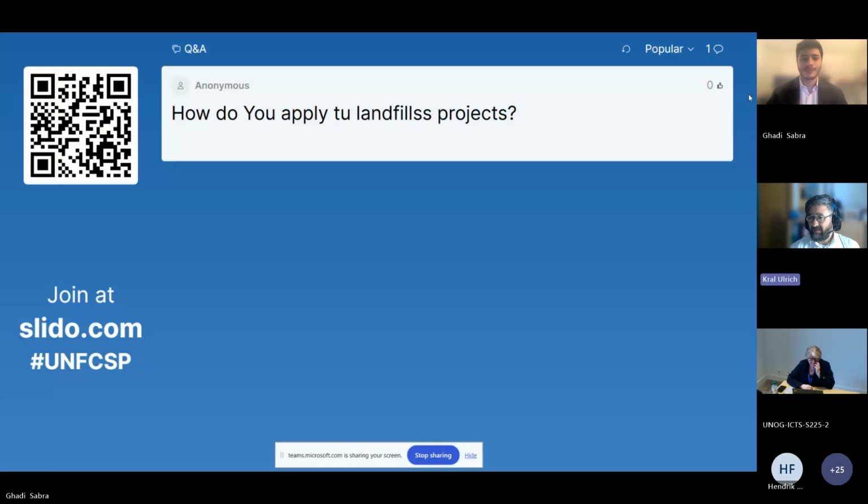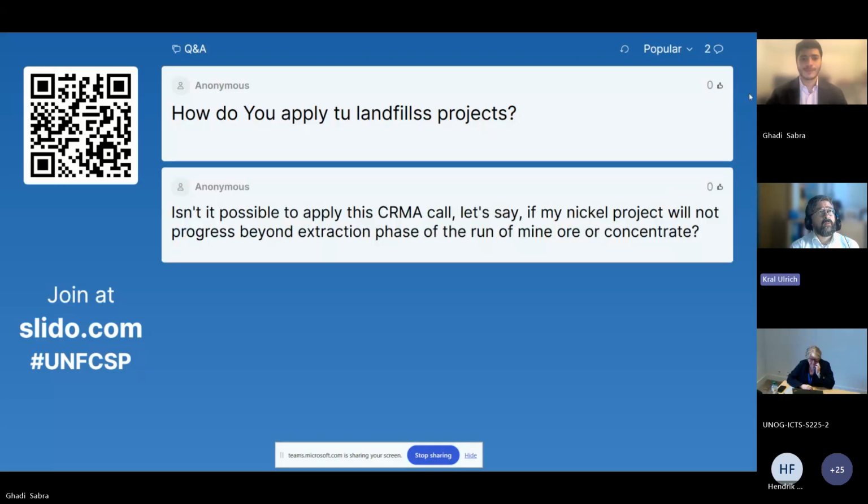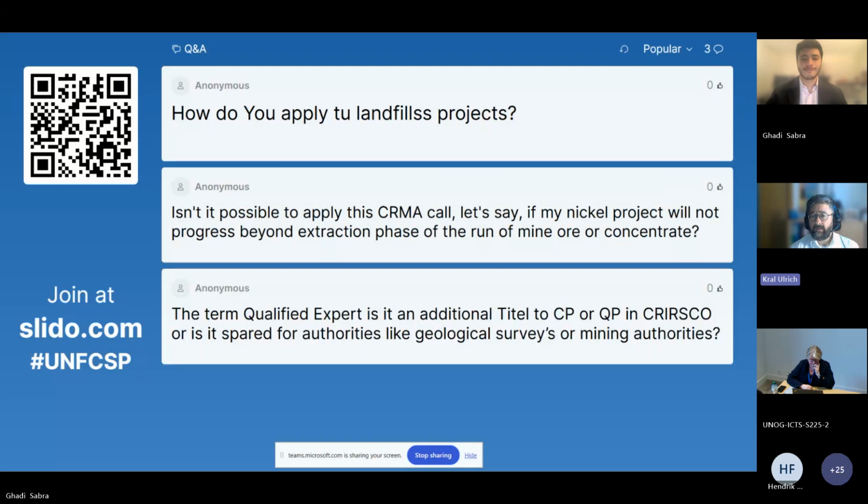I think in the second case, the existing industry standards like PERC and the Crisco templates, they are already applicable to mining residues. Yeah, so if you already have a reporting format for this type of residues, you can use the bridging document, for instance, to come to UNFC.